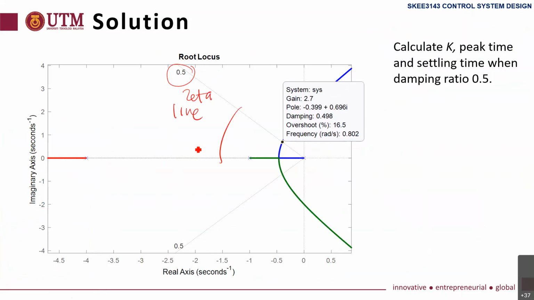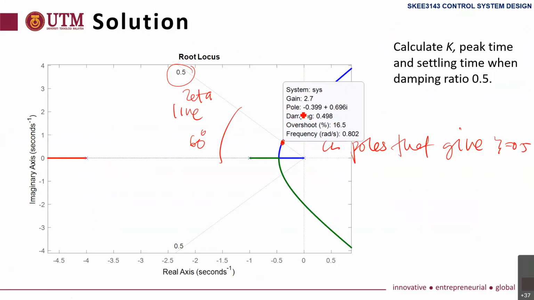This is 60 degrees. Although it looked like 45 degrees, actually the scale is not the same in X and Y. So 60 degrees, this is the point, the closed loop pole that gives zeta 0.5.